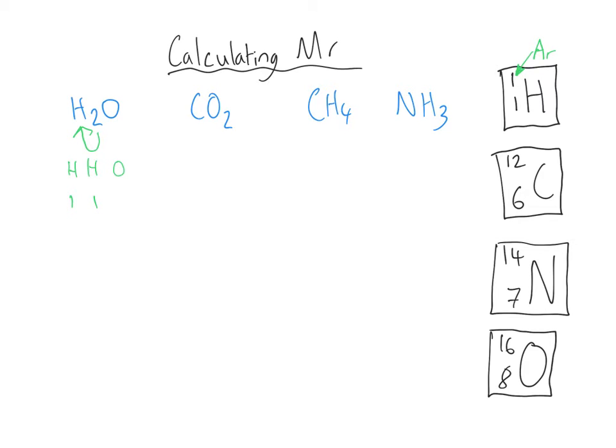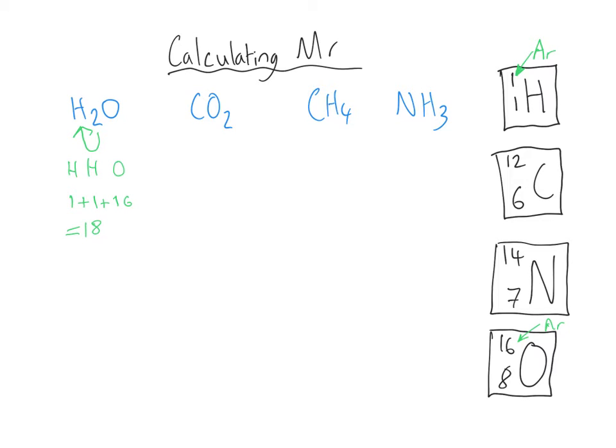And also on the right-hand side, we've got the relative atomic mass of oxygen, the big number, which is 16. So to calculate the Mr, all you need to do is add up all of the atoms and all of their masses. And so we've got 18 for water.